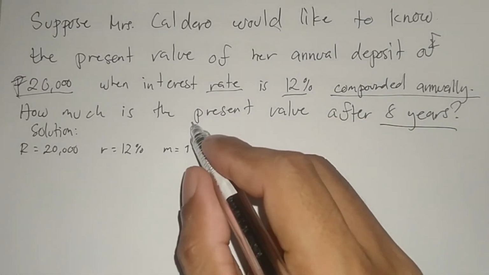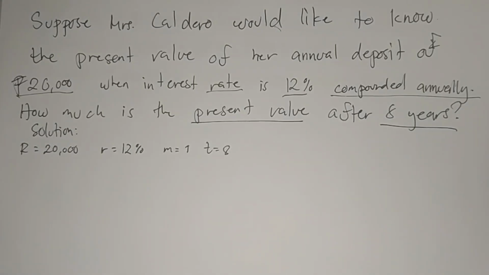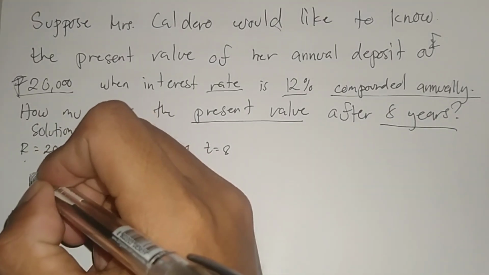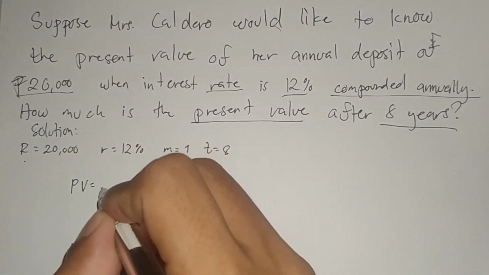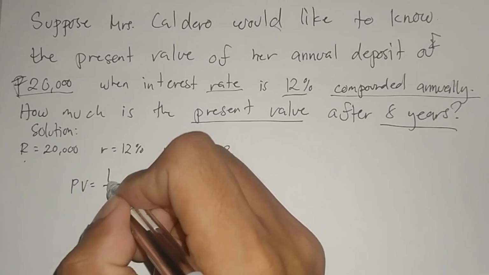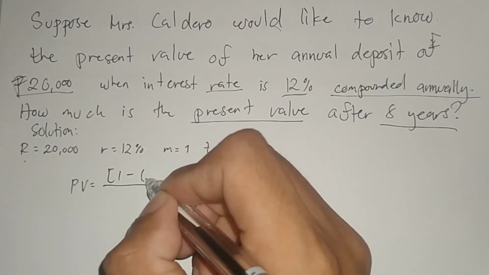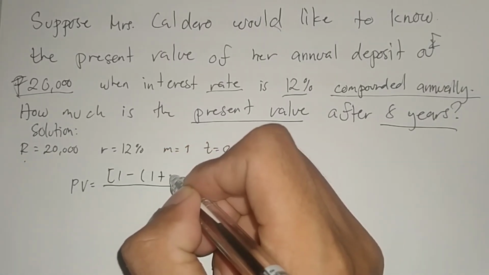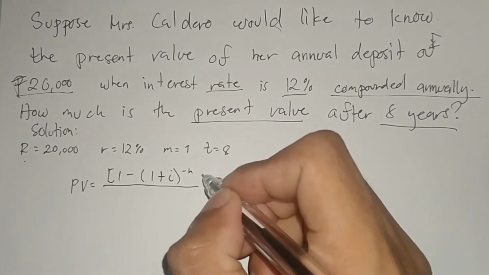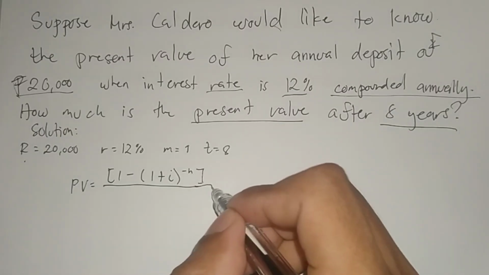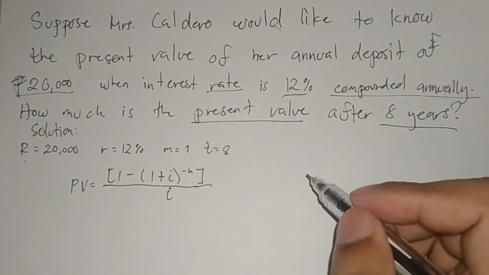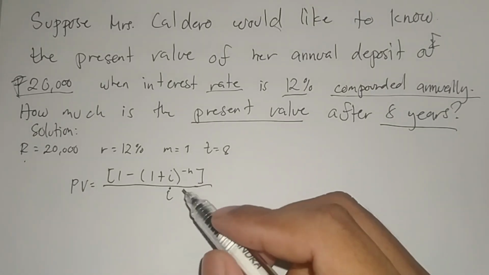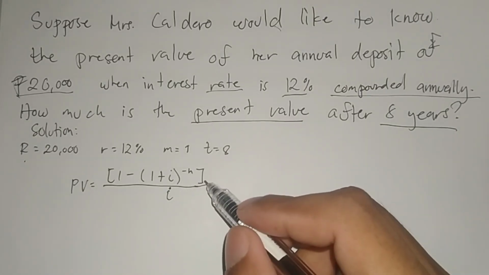So here we are looking for the present value. Now, the formula for present value is R times 1 minus 1 plus I raised to negative n, all divided by I. Okay, so here as you can see, we need the value of I and the n.